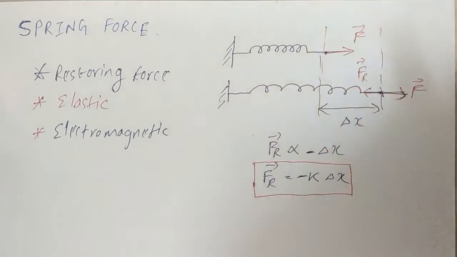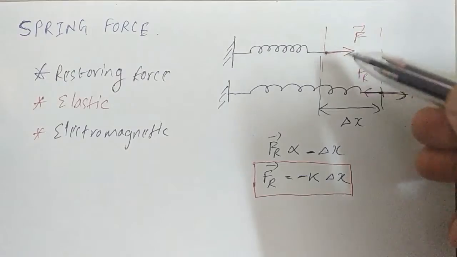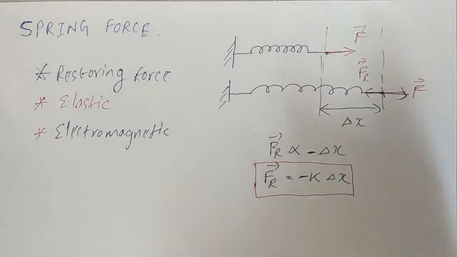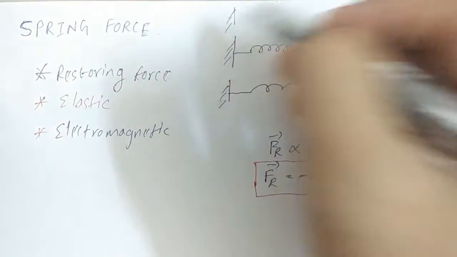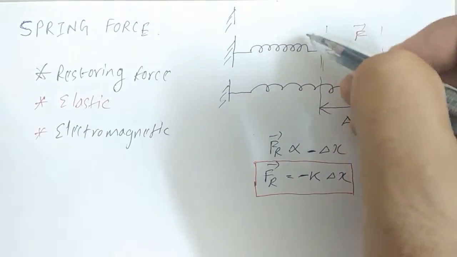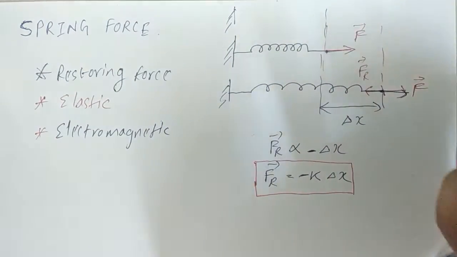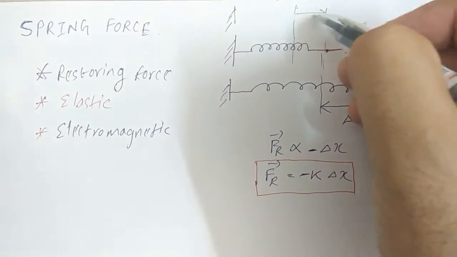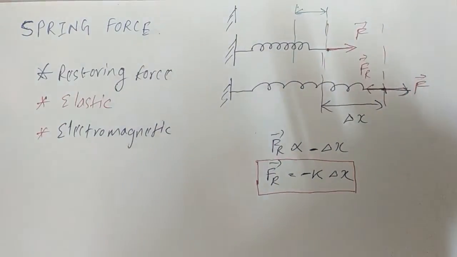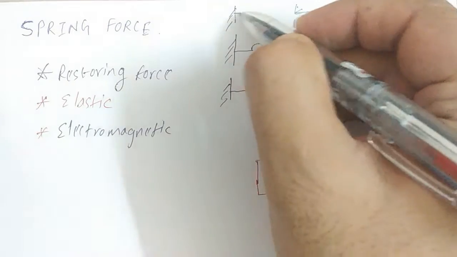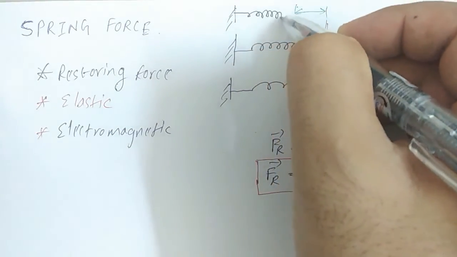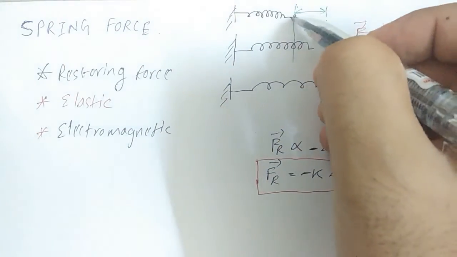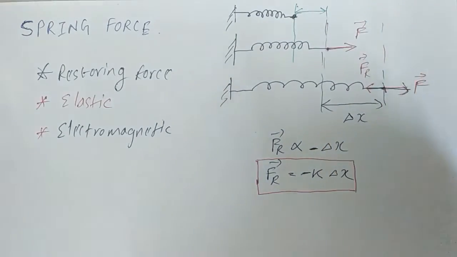Now this was a case when the spring was getting extended. There is another case where the spring might get compressed. In this situation, the length of the spring will decrease by a certain amount. It can be demonstrated in this manner, so that the spring has become compressed and has reached this point.